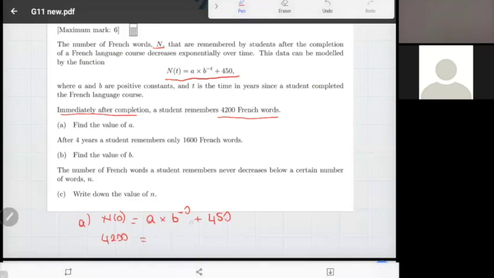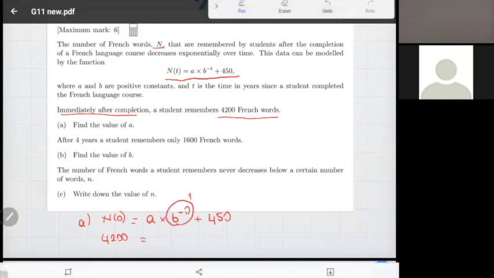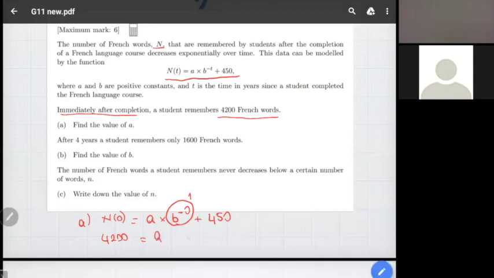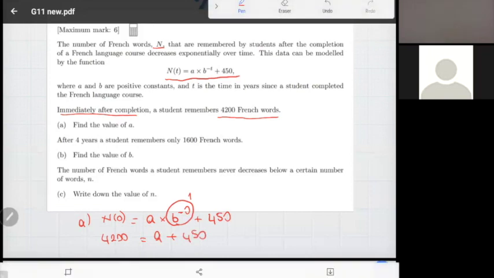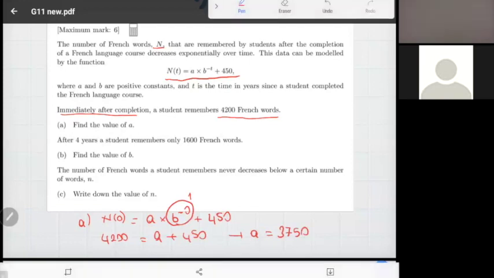So the power 0 always makes 1. So A times 1 is A, plus 450 equals 4,200. And then basically A is equal to 3,750. And then we finish part A.